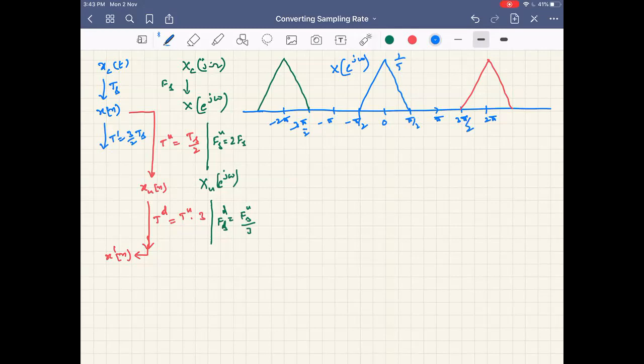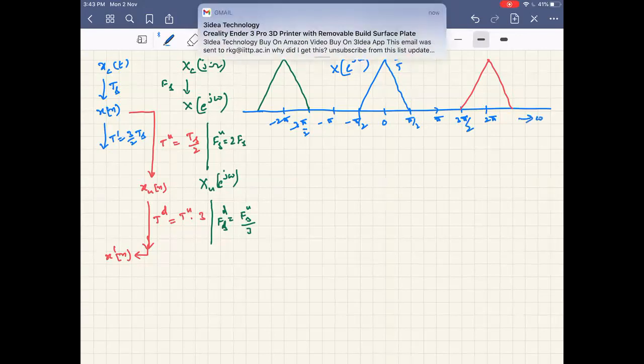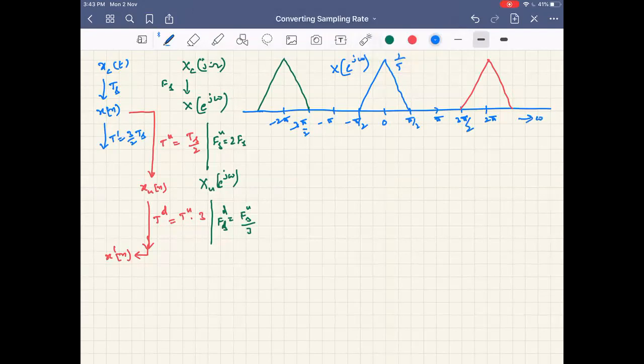Upsampling has two parts. One is the compression of the spectrum on the omega axis. The second is the filter. I will sketch both of them for better understanding.